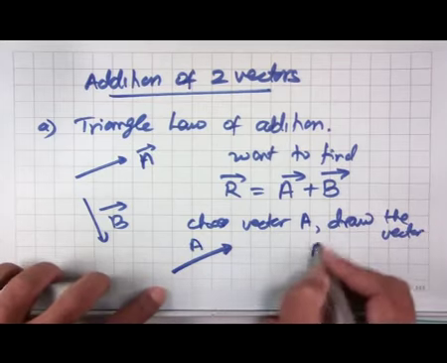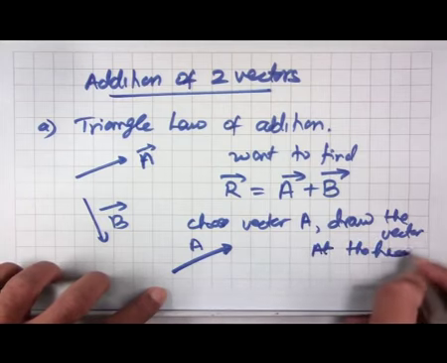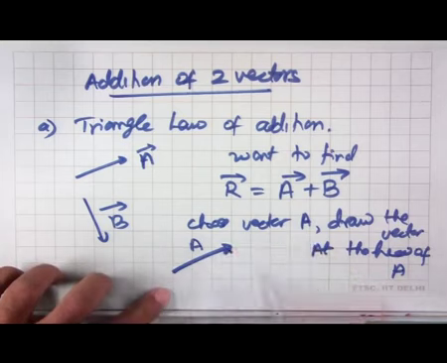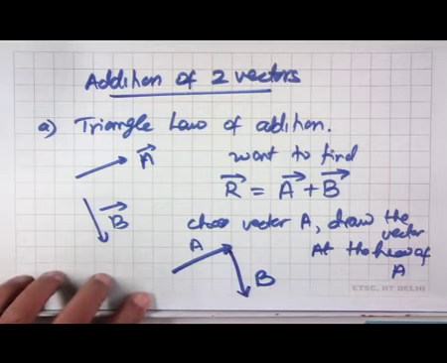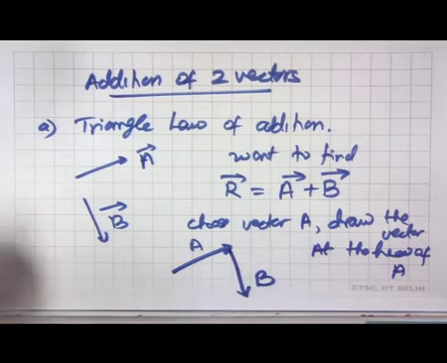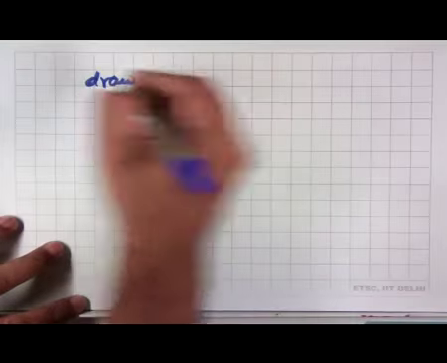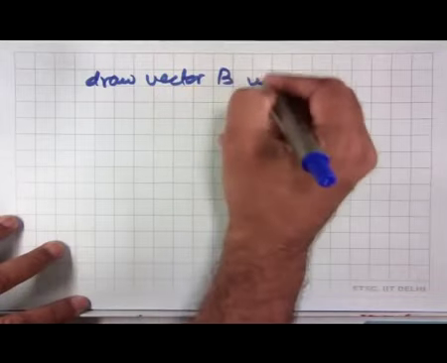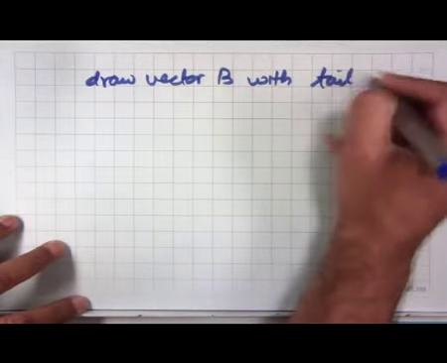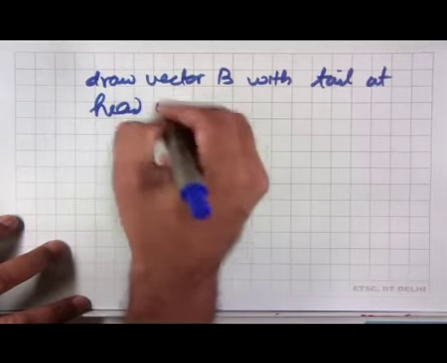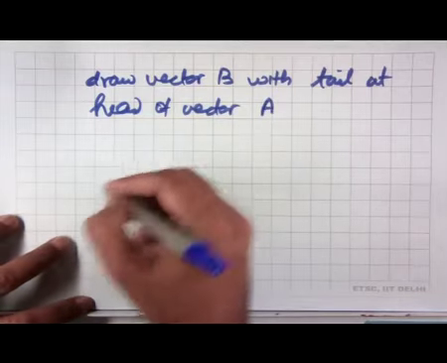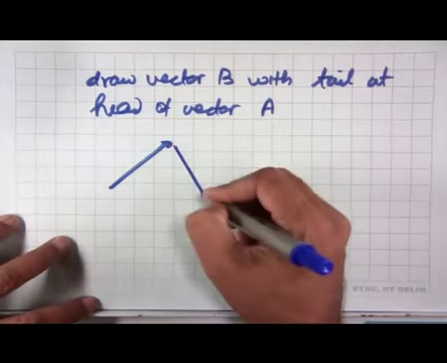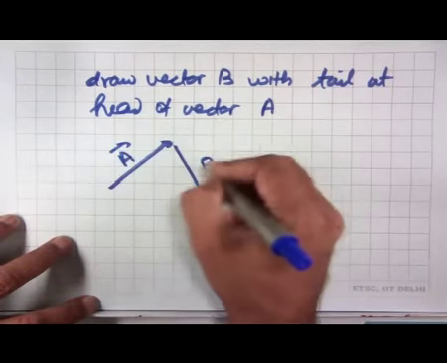Now, at the head of A, that means at the tip of A which is at the end, we draw the vector B with its tail at the head of vector A. So, we have vector A here, this is A, this is B.